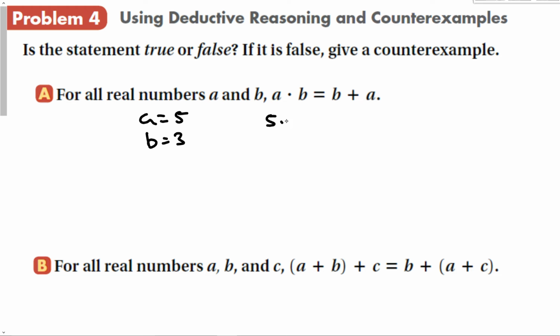So that's 5 times 3, and we're going to say that's equal to 3 plus 5, because we want b first this time. Doesn't really matter because this is 15, and that is not equal to 8.